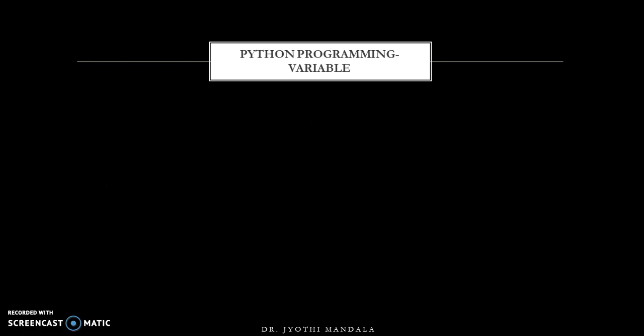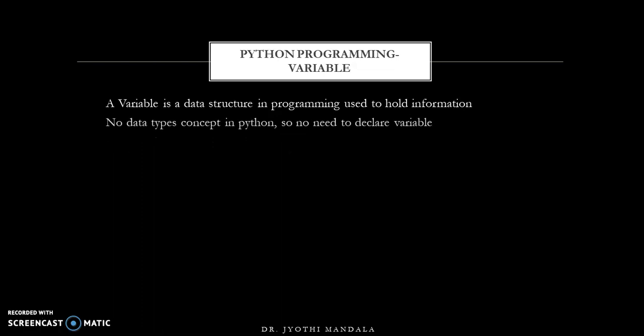Now let us see what actually a variable is. A variable is a data structure in programming which is used to hold some data. Whenever you want to store any data, we can store the data in a variable. In Python, there is no data types concept, so there is no need to declare a variable.